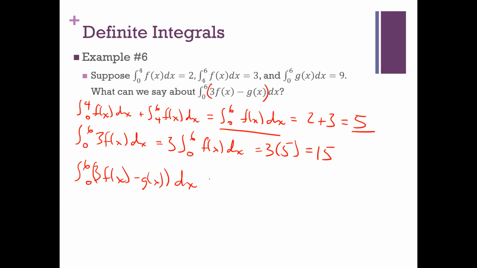But to answer this a different way, you're not wrong to do this. It's not very commonly done that way, but it's not wrong at all. So this is equal to 15 minus 9.